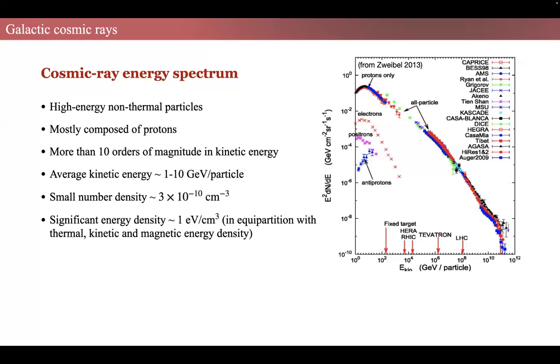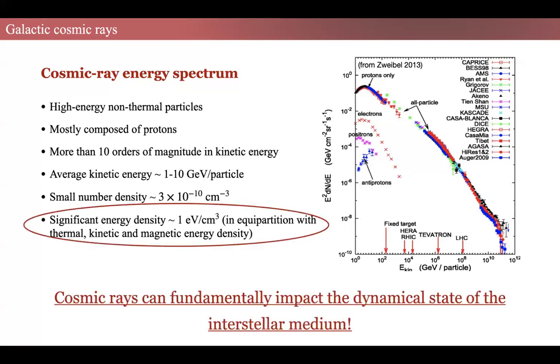However, despite this very low number density, the cosmic ray energy density, about 1 electron volt per centimeter cubed, is in equipartition with the thermal, kinetic, and magnetic energy densities in the ISM. So this suggests that cosmic rays can have a fundamental impact on the dynamical state of the interstellar medium, and in doing so on the evolution of galaxies.